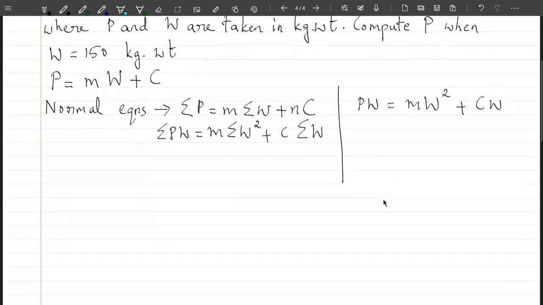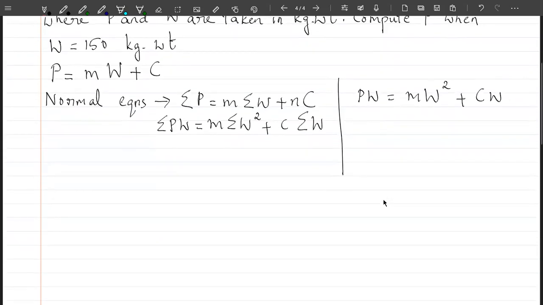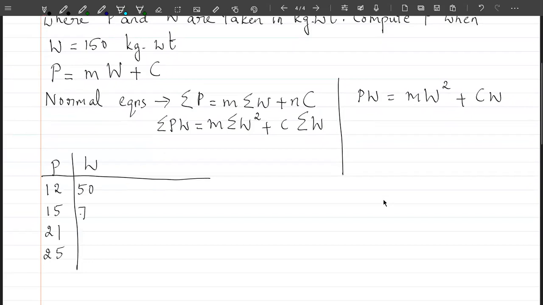So now I have to make the computation table. The values of P are 12, 15, 21 and 25. The values of W are 50, 70, 100 and 120.